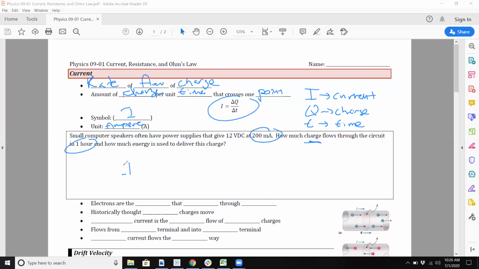Remember, I equals Q over T. And it's milliamperes, so you're actually going to write it as 0.2 amperes, times 1 hour, which you want to convert to seconds.